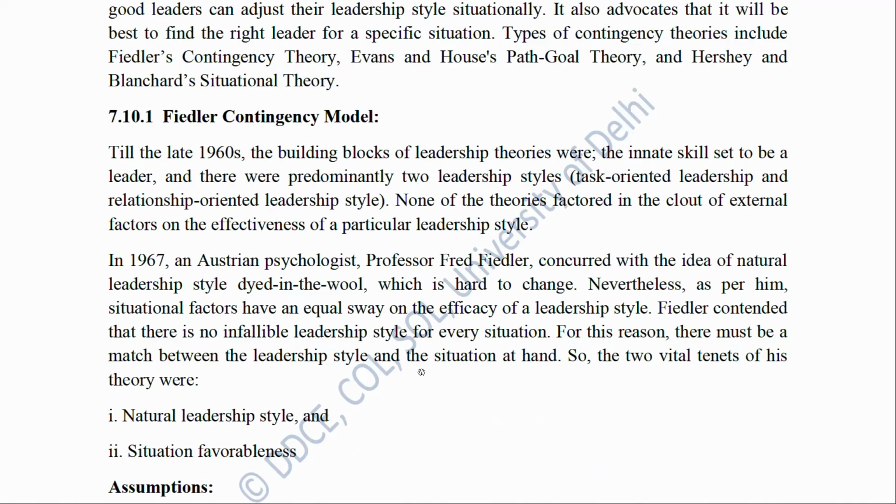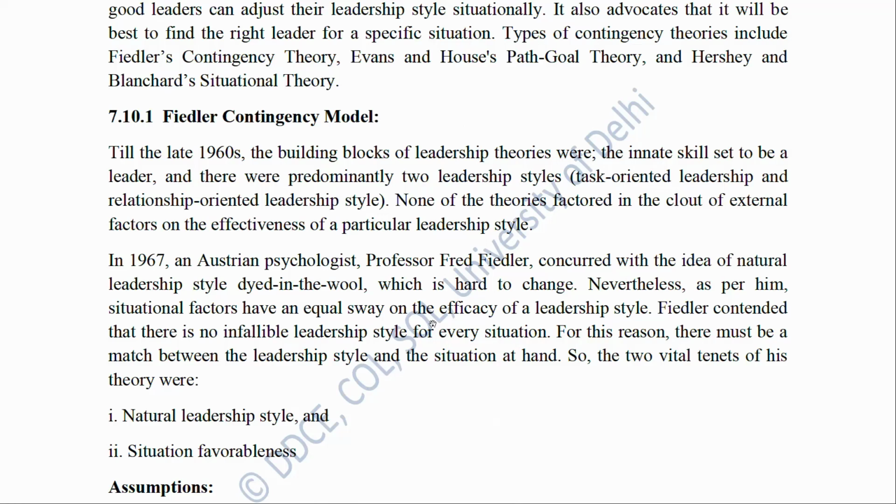In 1967, an Austrian psychologist, Professor Fred Fiedler, concurred with the idea of natural leadership style, dyed in the wool, which is hard to change. Nevertheless, as per him, situational factors have an equal sway on the efficacy of a leadership style.